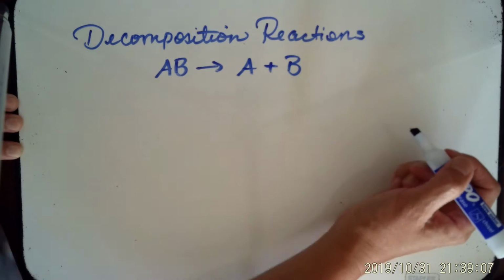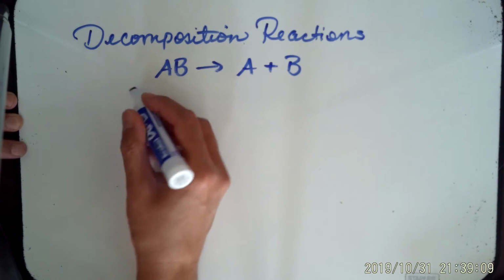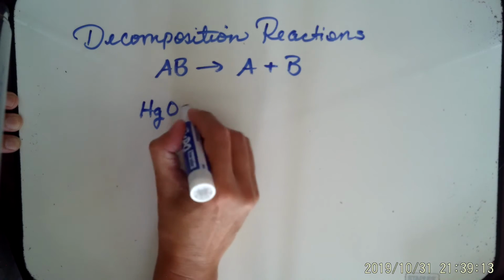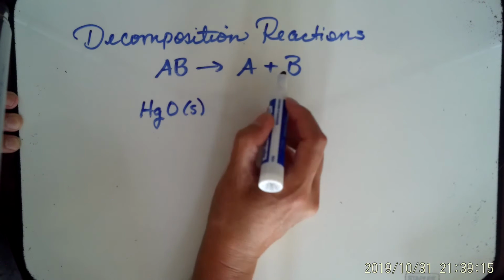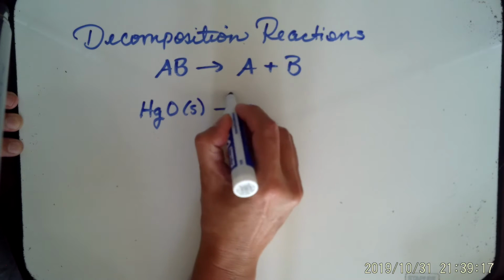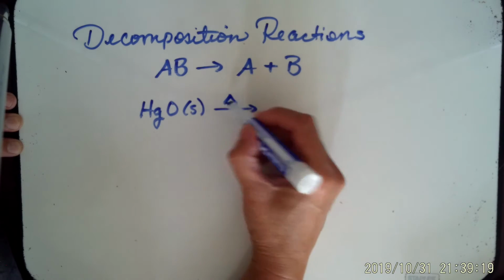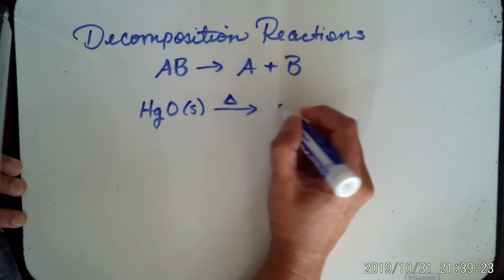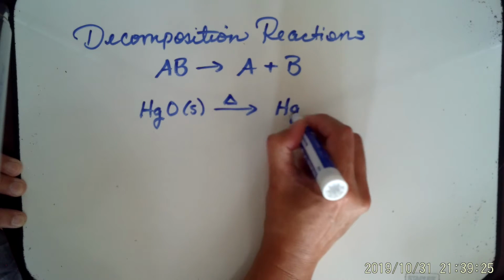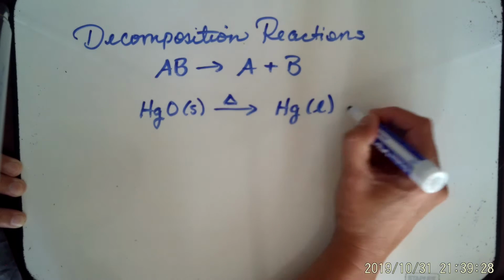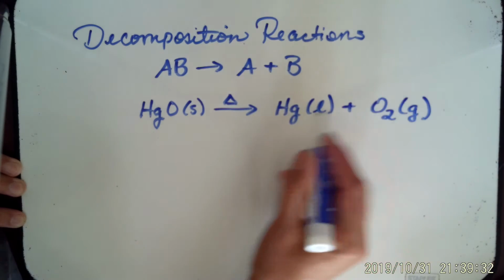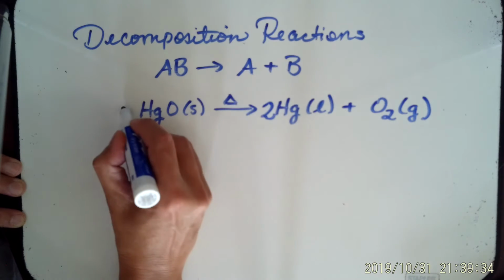So for instance, we could take mercury 2 oxide. Oftentimes to do decomposition, not always, we need to heat it, so that's why we have a little triangle over our arrow, and we form mercury plus oxygen gas. So we have to balance this out.